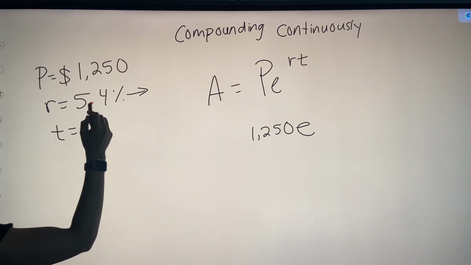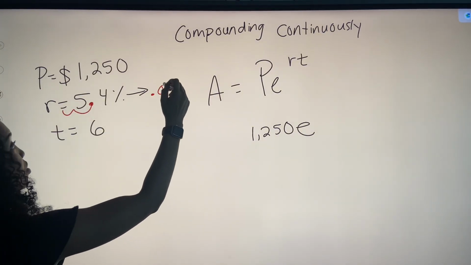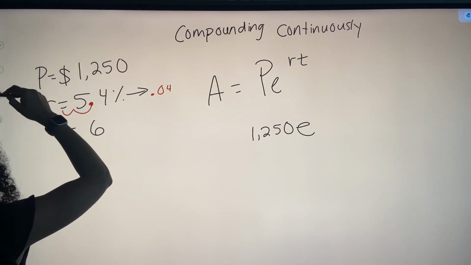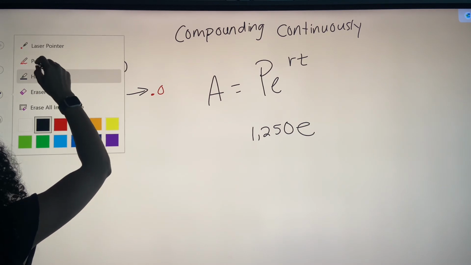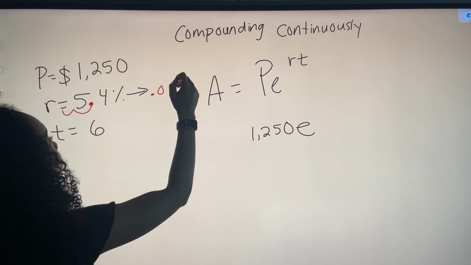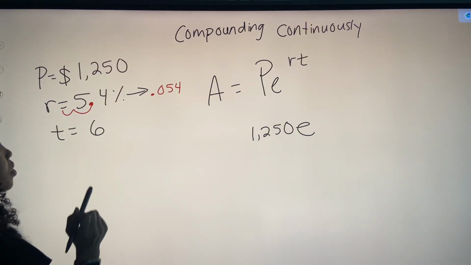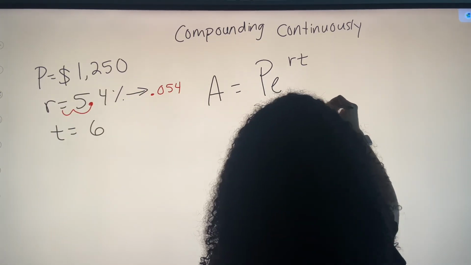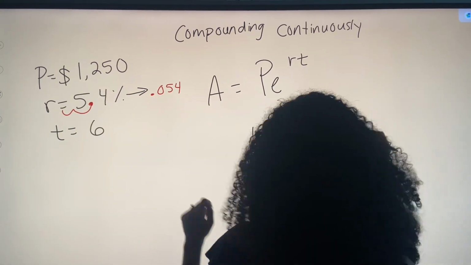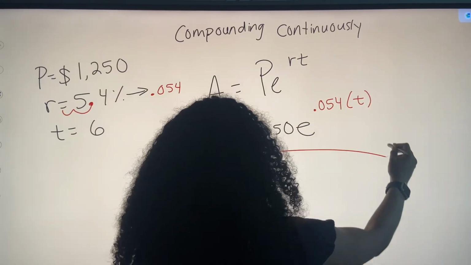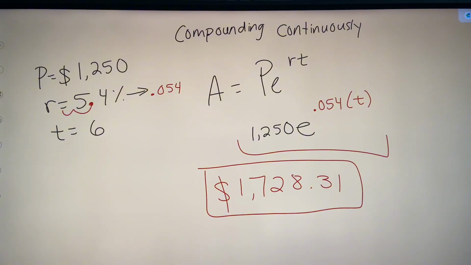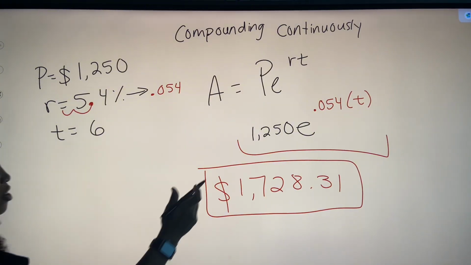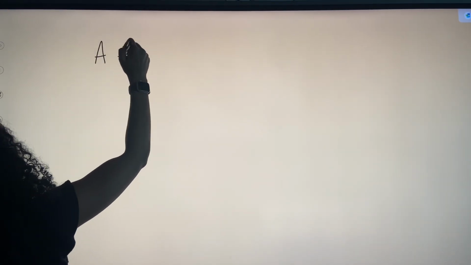So if you move this decimal over twice, you get 0.054. And your time is 6. So guys, this is what you're typing into your calculator. All right, so you guys got $1,728.31 for compounding continuously.